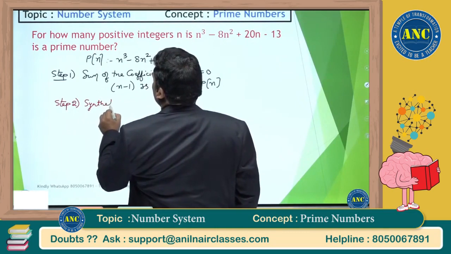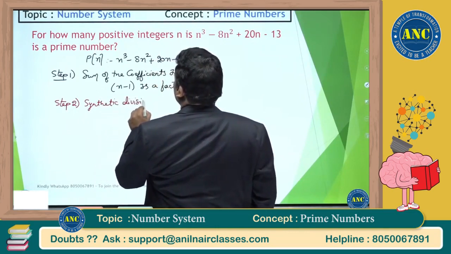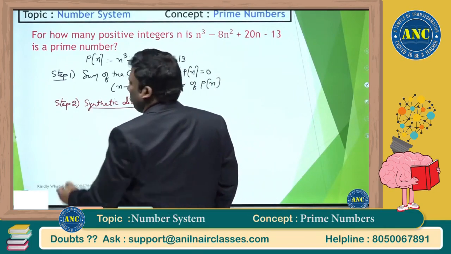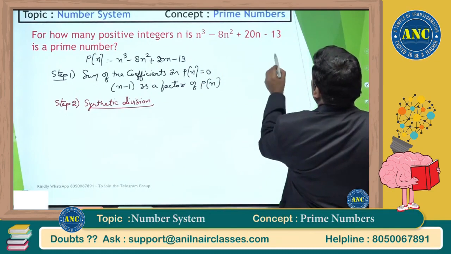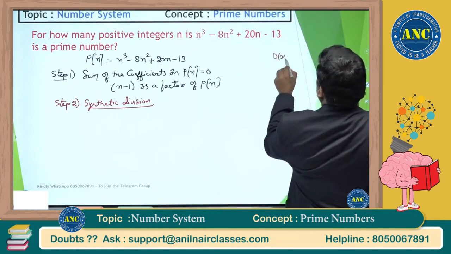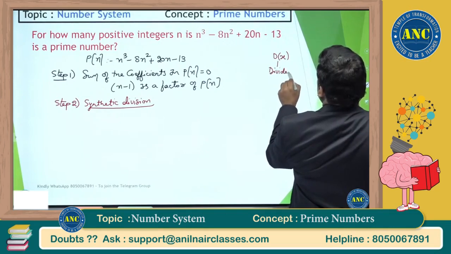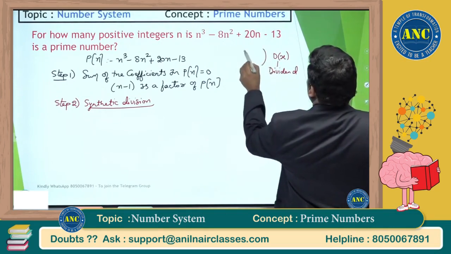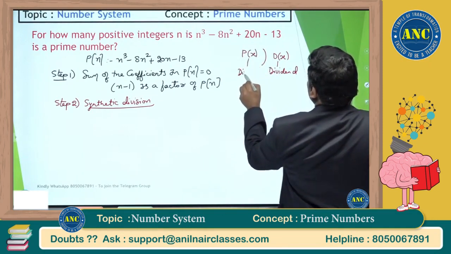Step number 2, synthetic division. What is the synthetic division? Now see here. This is d of x, the dividend. It is divided by some number, which is the divisor.